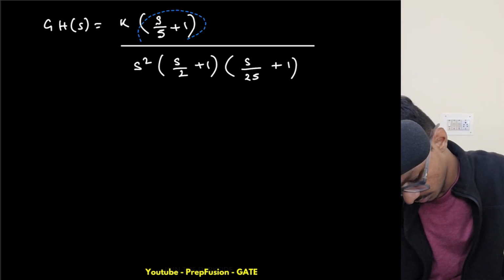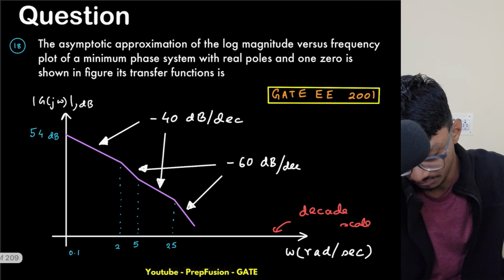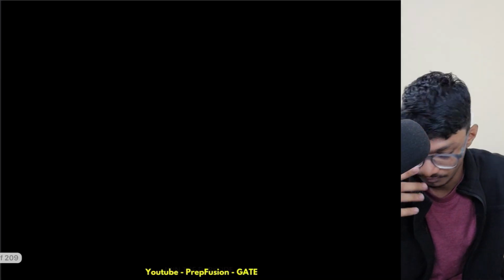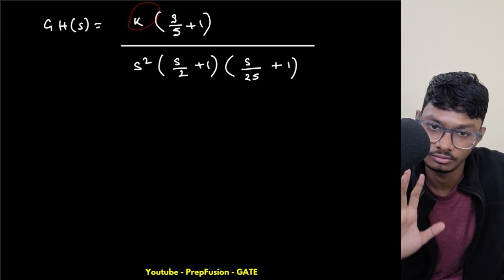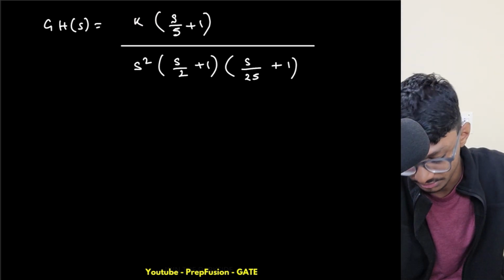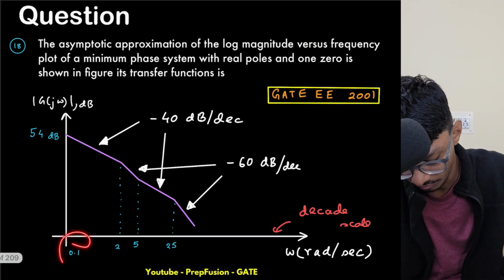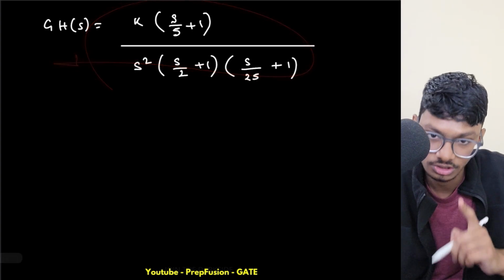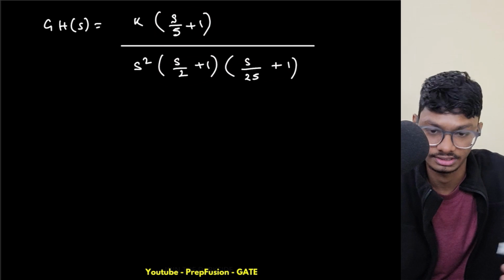Now this is the standard form, and this form is not given over here, so we can't use it directly. But first, let's find the value of K. How will we find the value of K? The magnitude at 0.1 is given as 54 dB. The magnitude at 0.1 is simply, we can ignore all the other terms because the corner frequencies are much greater than 0.1.